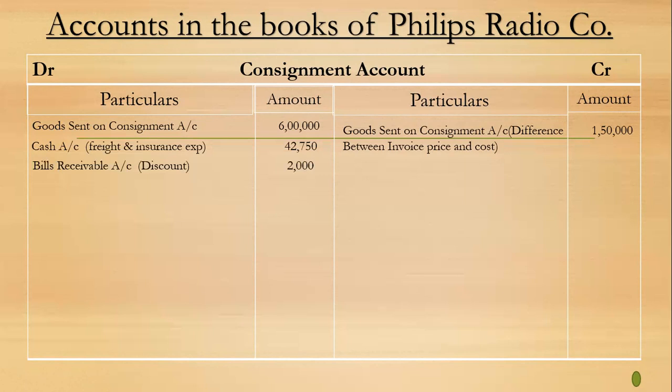So we will write the information that bills receivable account, that is discount, 2,000 rupees. Then Binaka sold 300 radios at rupees 1230 for cash. 50 radios were sold to Modi for credit.